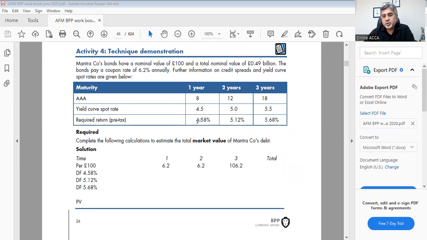This is year 1, so you discount it with this factor. What is the factor? 1 divided by 1 plus 4.58% times 1. In year 2, 1 divided by 1.0512 power 2. Discount factor I'm calculating.